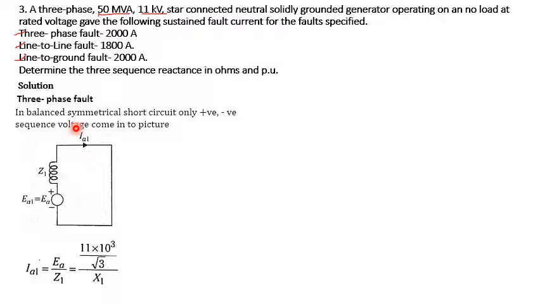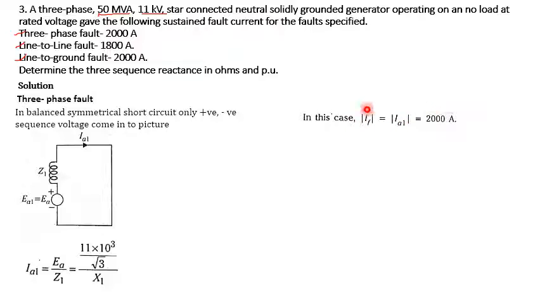What is EA? It is the phase voltage, that is 11 kV divided by root 3. We are considering Z1, or you can consider X1 as well. So we need to calculate what is X1. And we know that in the case of the three-phase fault the expression is IF is equal to IA1.